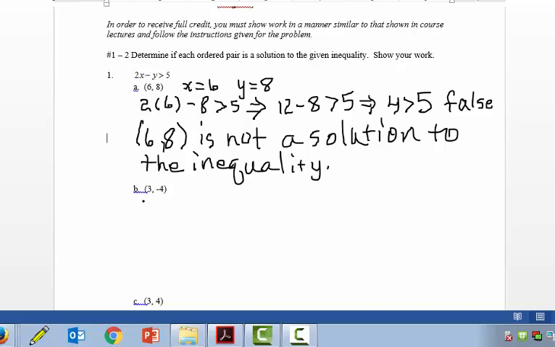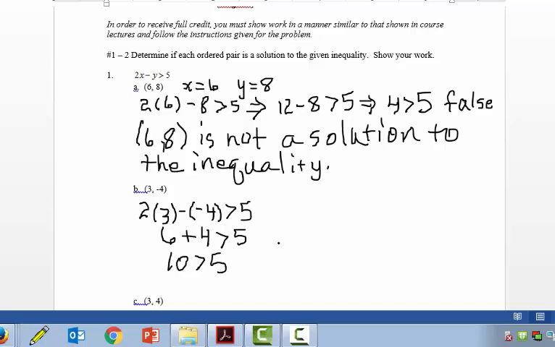All right, let's test and see if 2 times 3 minus -4 is greater than 5. So that's 6 minus a -4, which is the same as adding a +4. So I get 6 plus 4 greater than 5, and obviously 10 is greater than 5.